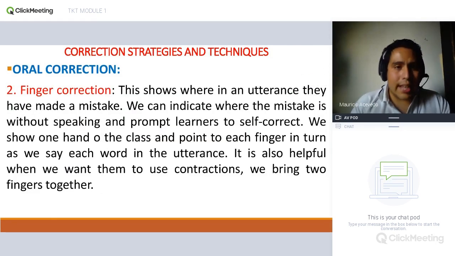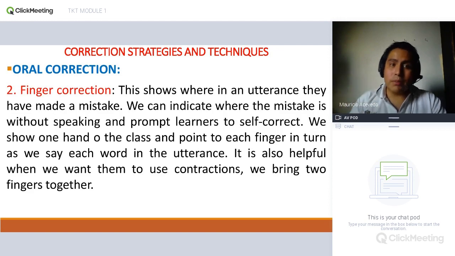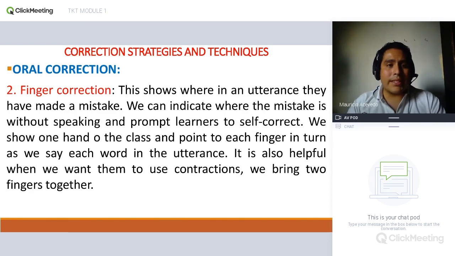Now let's go with the second one, finger correction. What is this? Okay, this is very common, especially for us teachers, but also the students sometimes use it. This shows where in an utterance they have made a mistake. We can indicate where the mistake is without speaking and prompt learners to self-correct.